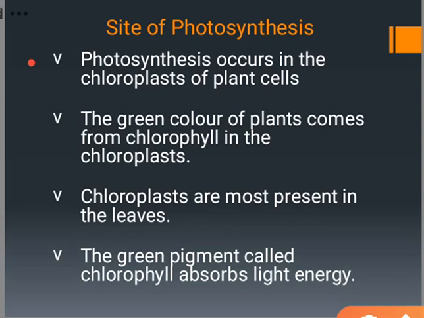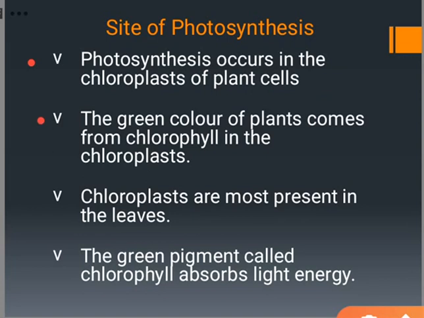Just as you have mitochondria, you have ribosomes, you have endoplasmic reticulum, and other organelles here. The particular organelle in plant cells that performs roles in photosynthesis is the chloroplast.